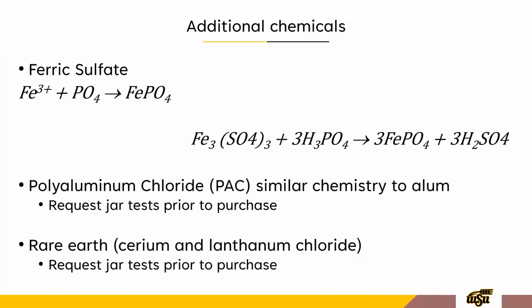There's a multitude of polyaluminum chlorides. Anybody who has surface water plants is probably familiar with PAC. The chemistry is very similar to alum, but certain chemicals may work better in your plant than alum, and therefore be cheaper or have some other positive contribution to your operations. You'll also see, if you go to WEFTEC or state level trade shows, companies promoting rare earth compounds.